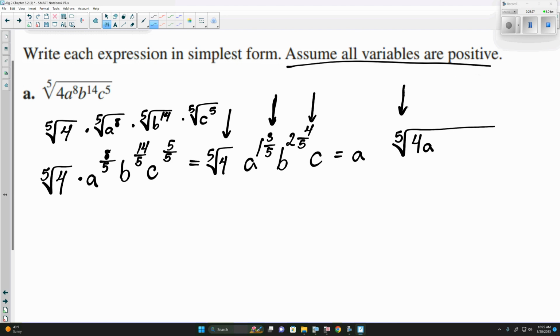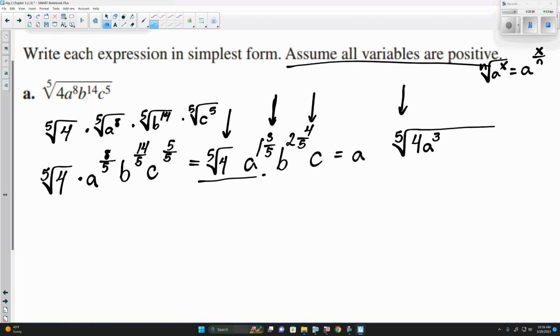The fifth is the index, and the exponent is the 3, because we're going back to our nth root of a to the x is equal to a to the x over n. The x is attached to the variable, the n is the root. Any questions on what we've done so far with these first two?